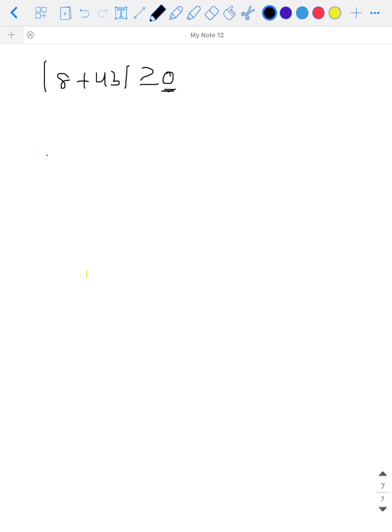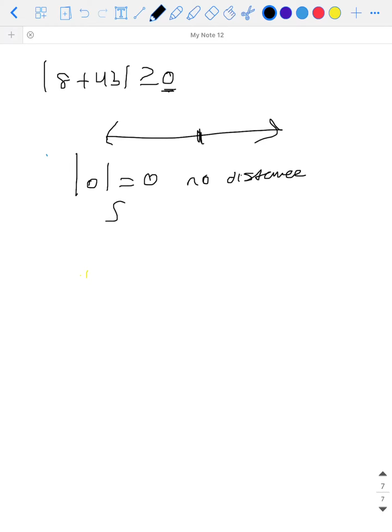So it's not going to have two sides to the system, it's only going to have one, because the absolute value of 0 will just be 0. There's no distance from 0 to 0. So all we need to do is just drop out the absolute value and then just work with the system.